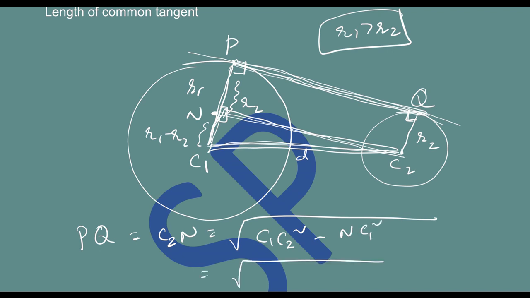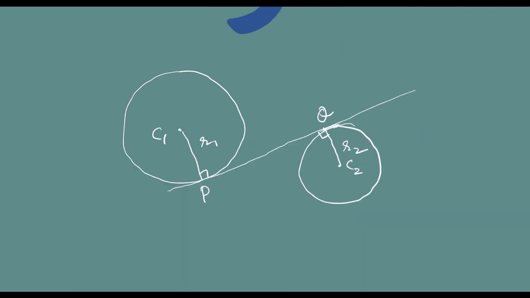So what do I get? I'll get root of D square minus (R1 minus R2) whole square, where D is the distance between the centers. Okay, we learn this by heart as a formula.